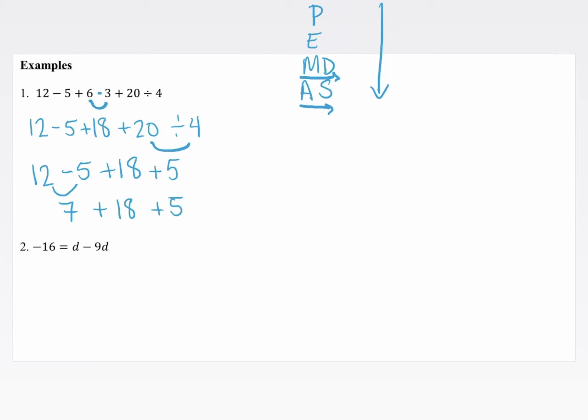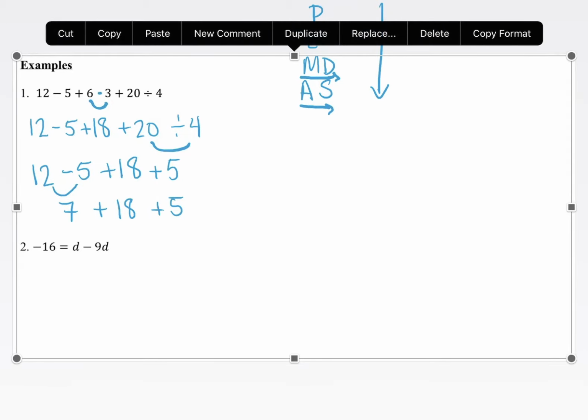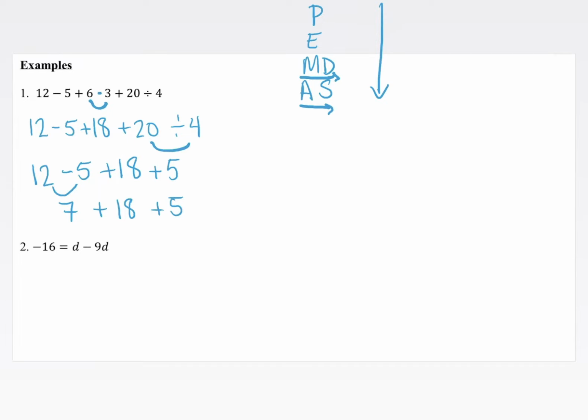So we can add all these together, 7 plus 18 plus 5, and that gives us 25 plus 5, or 30, as our final answer.